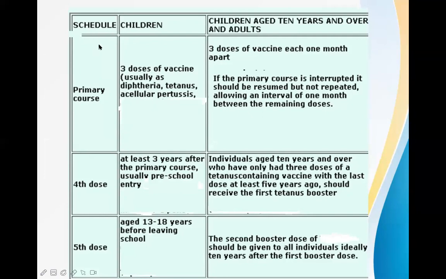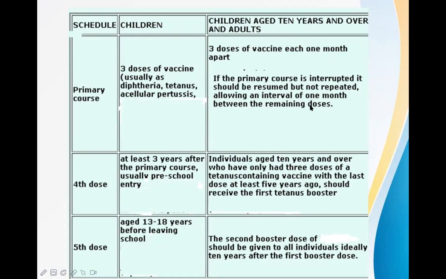See this. This is the primary course of vaccination, 3 doses. I already told you. These 3 doses are given at 6 weeks, 10 weeks, and 14 weeks of life in case of a baby, and these are part of the DPT vaccine: diphtheria, tetanus, and acellular pertussis. So 3 doses of the vaccine are given 1 month apart.